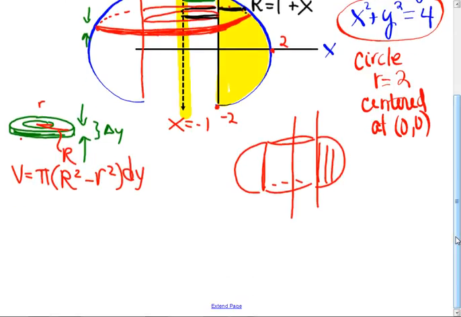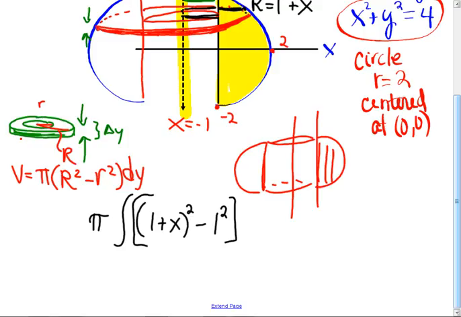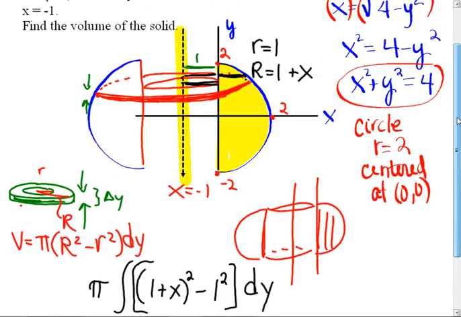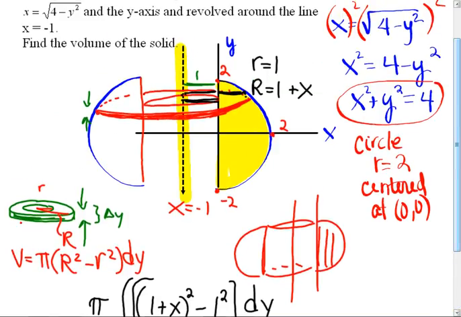So it's going to be pi, and it's going to be the big radius squared, which is 1 plus x. And we're going to put these on our calculator. Squared minus the little radius squared. And the differential is what? dy. Because the radius, doing the geometry, this radius right here is not x.